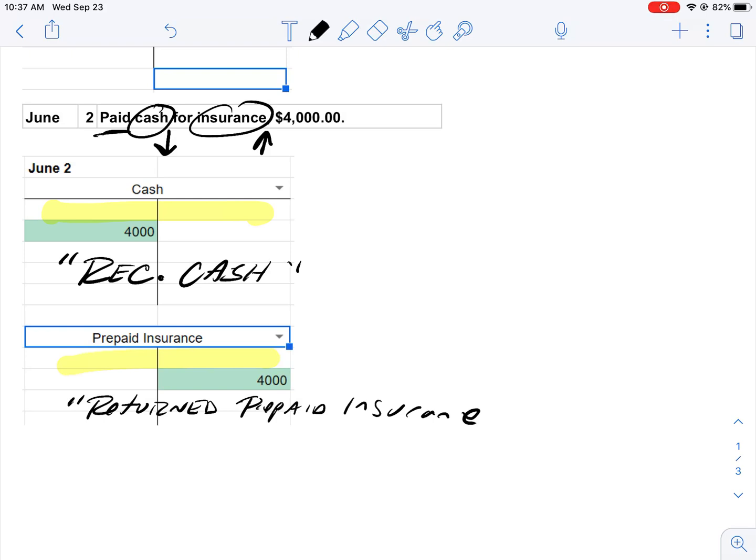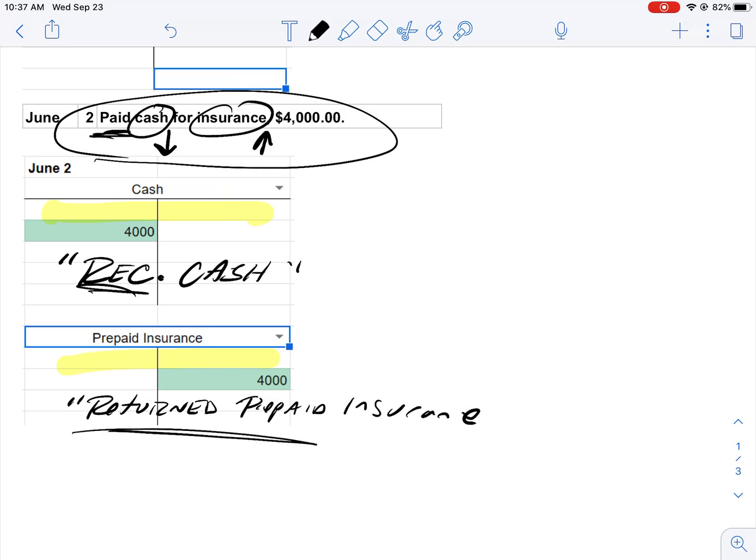So if we read that, do we see anywhere up here that says received cash? No, we don't. Do we see anywhere up here that says we prepaid? No. So we have a little bit of a flipped identity. Give you a little hint there.